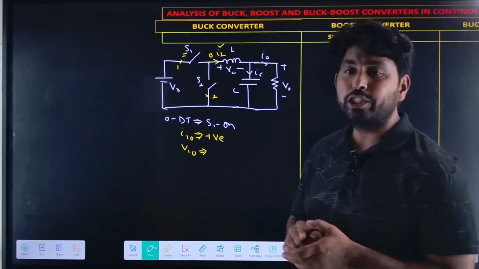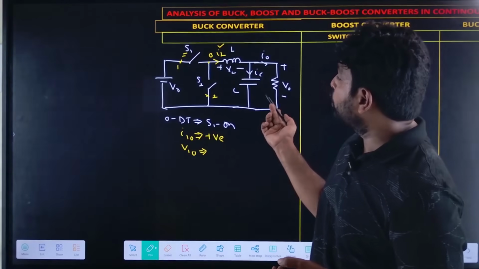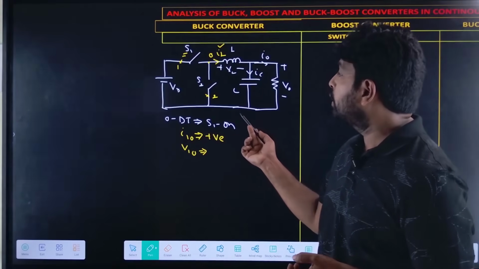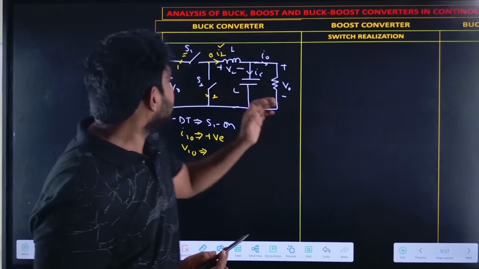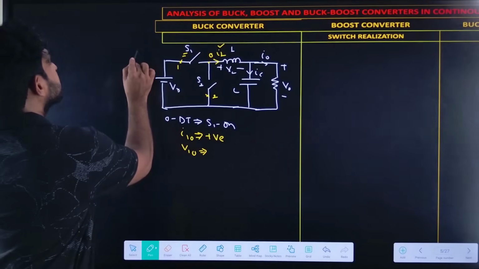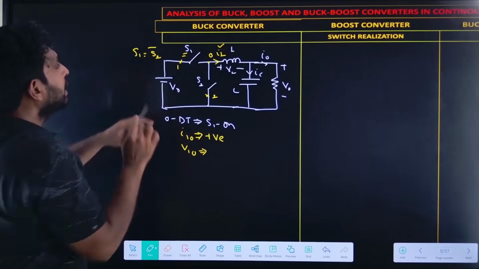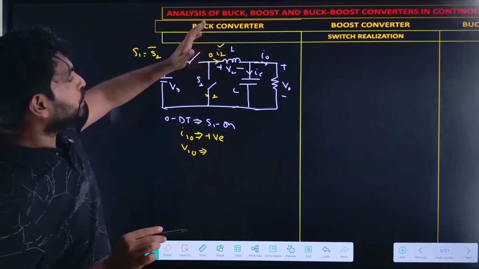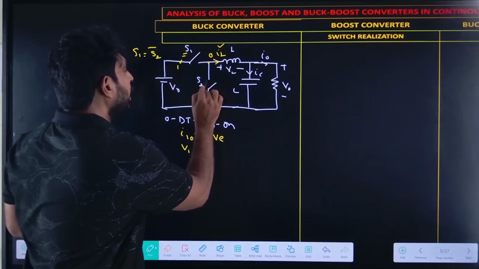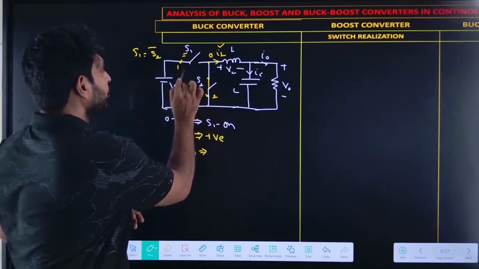So S1 should be in the off condition. S2 is in on condition because S1 and S2 are the complementary switches. So now make S1 off and S2 on to find the V10.